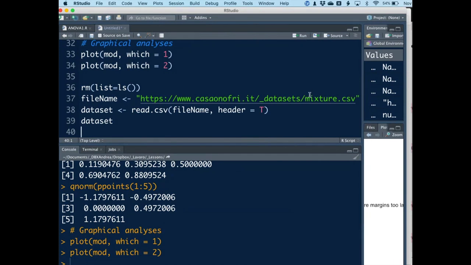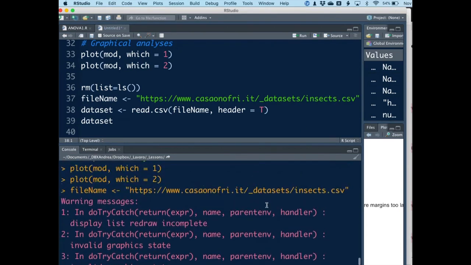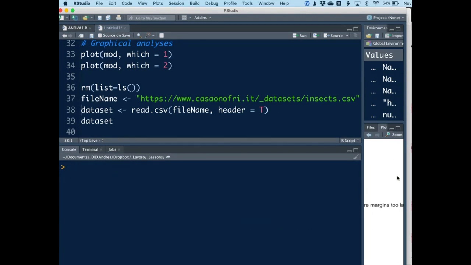So instead of mixture.csv, we load insects.csv. Sorry, do not pay attention to all these messages. It's complaining about my graphical window, which is too small. I'm cleaning the console, cleaning everything.